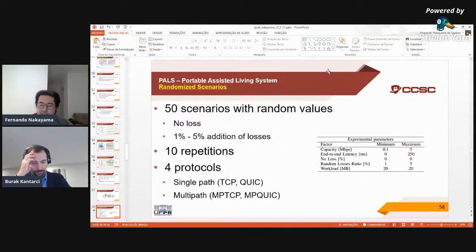So we have shaped our experiment considering the health-related parameters of capacity, end-to-end delay, and if there is a loss in the communication channel, or with or without the addition of loss.